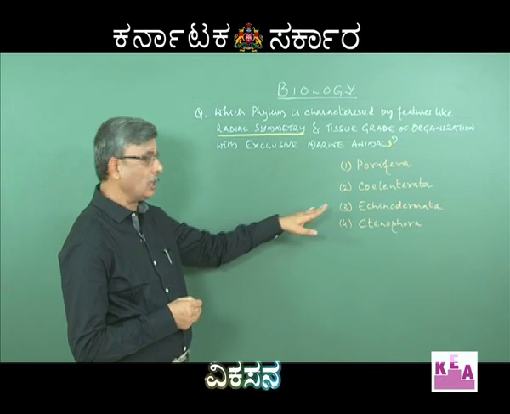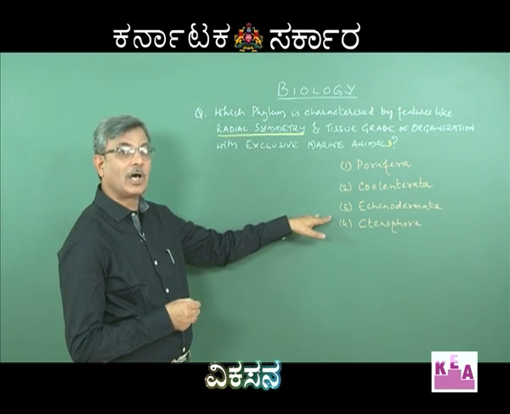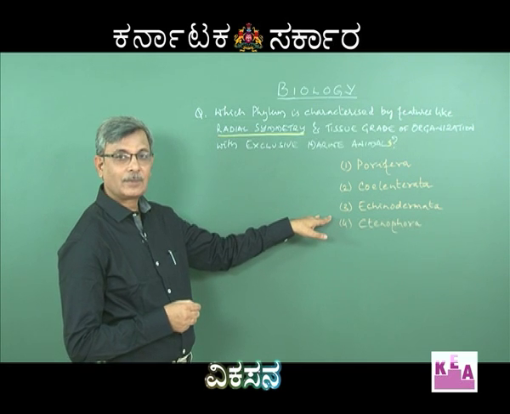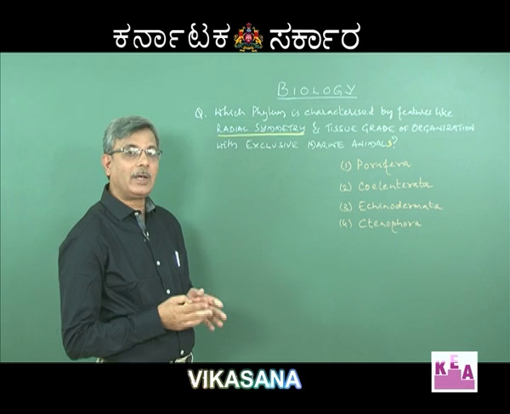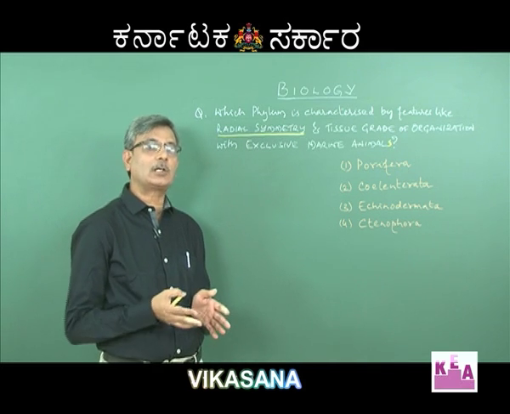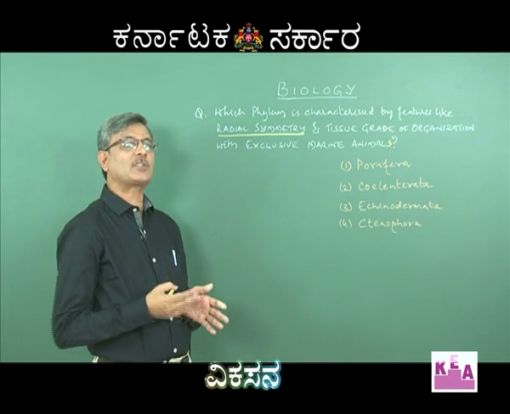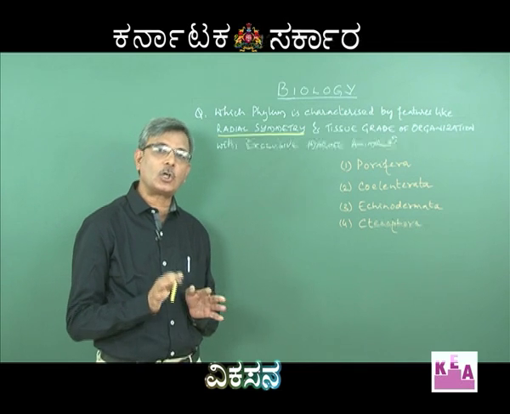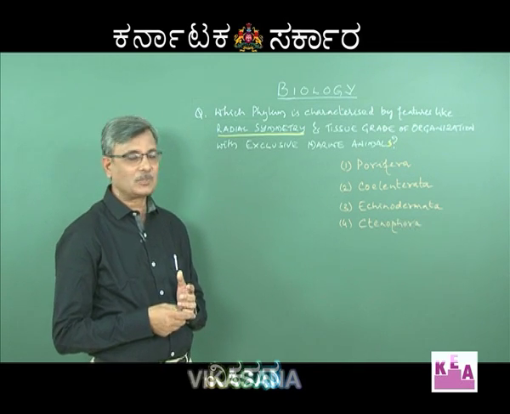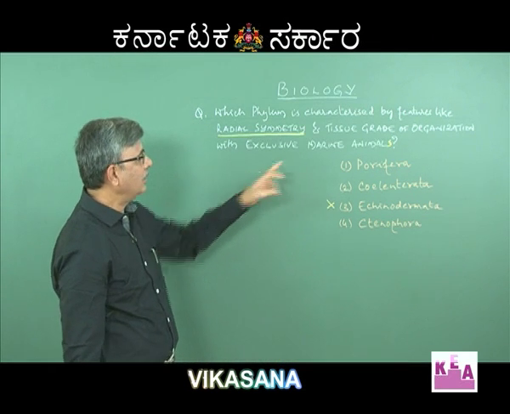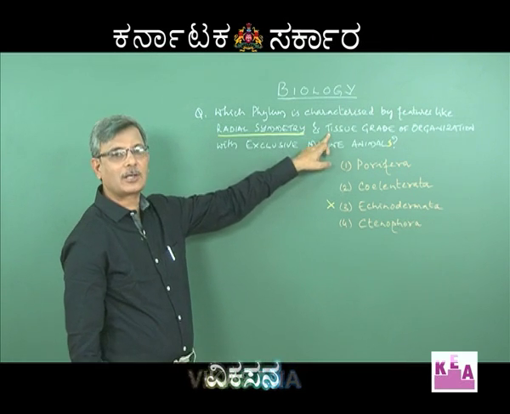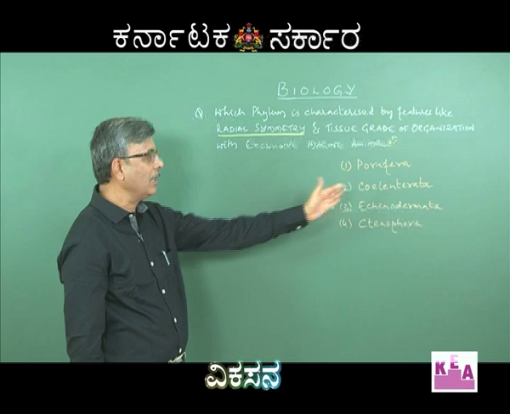Please remember, in echinoderms, adults exhibit pentaradial symmetry, whereas larvae are bilaterally symmetrical. Larvae are more advanced compared to the adult. Thereby, we call the type of metamorphosis what we see in Echinodermata as retrogressive metamorphosis. So Echinodermata can't be an answer here, because here it is mentioned tissue grade of organization. We are going to eliminate this.